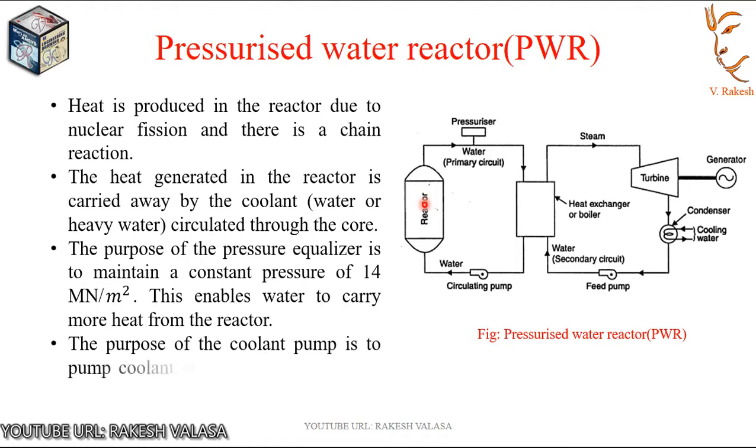Here, generally used as coolant is water or heavy water, that is H2O or D2O, circulated through the core. You can also see here this is the pressurizer. The purpose of the pressurizer is to maintain a constant pressure of 14 meganewton per meter square. This enables water to carry more heat from the reactor. The purpose of the coolant pump or circulating pump is to pump coolant water under pressure into the reactor core.